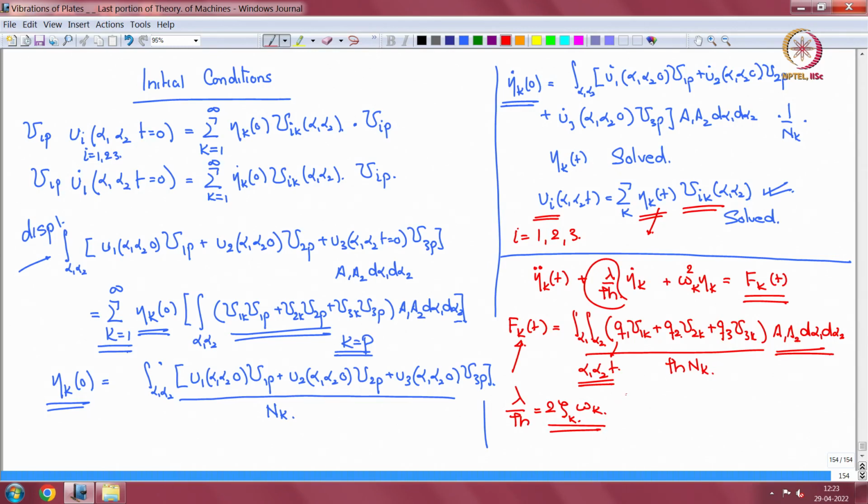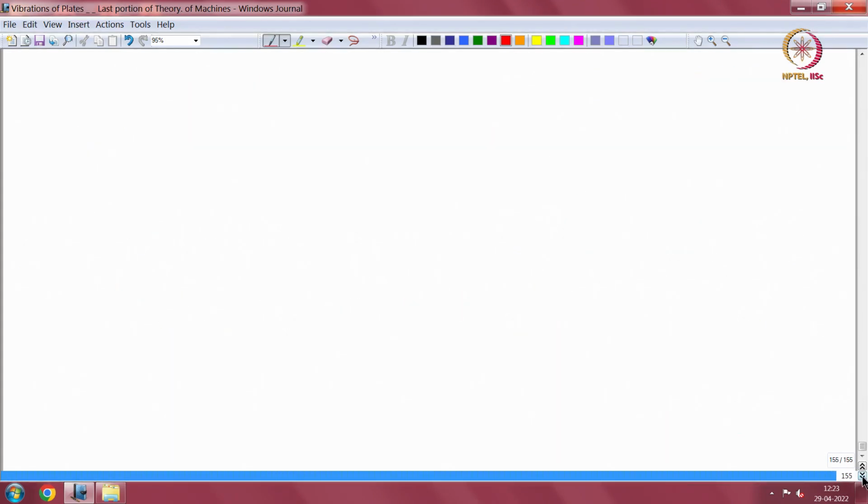Zeta k is called the modal damping coefficient. Now eta k has to be solved for. The initial conditions have been figured out.